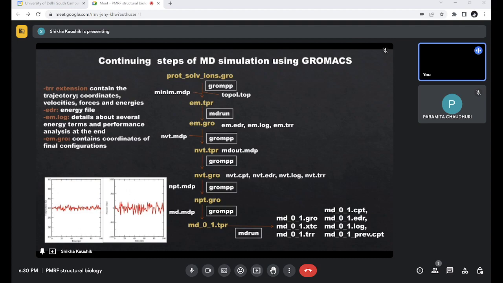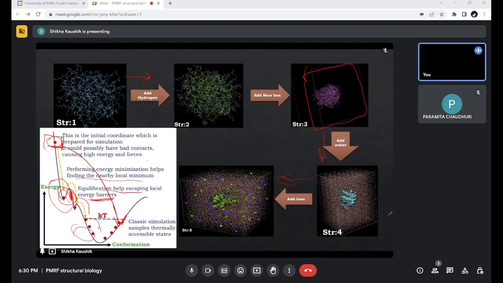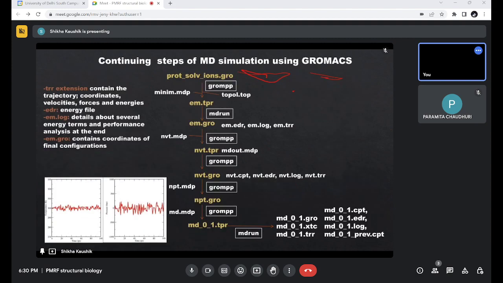So now, to achieve the minimization, these are the steps involved in energy minimization, especially in GROMACS. You have your protein solvent ion file, which is the final structure of a protein ready to simulate, and you give a command for energy minimization, and it will lead to a TPR extension.